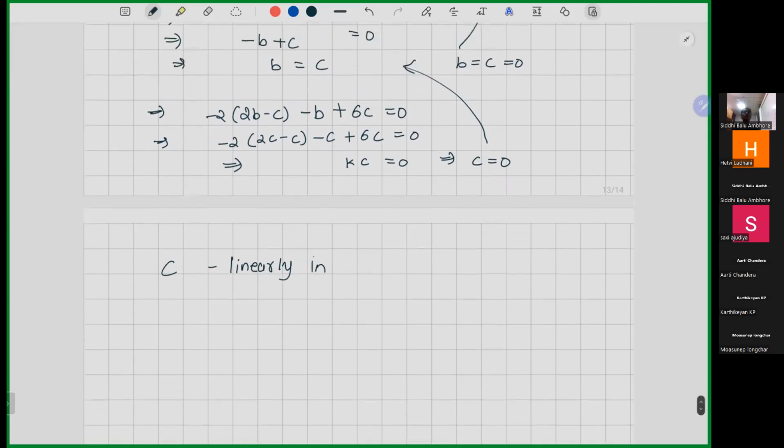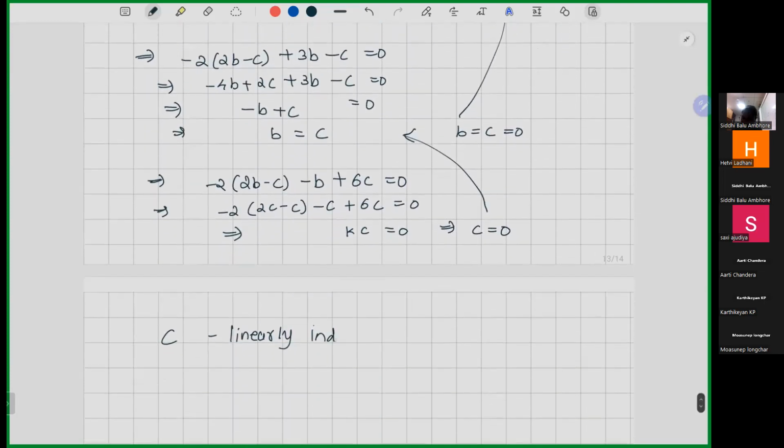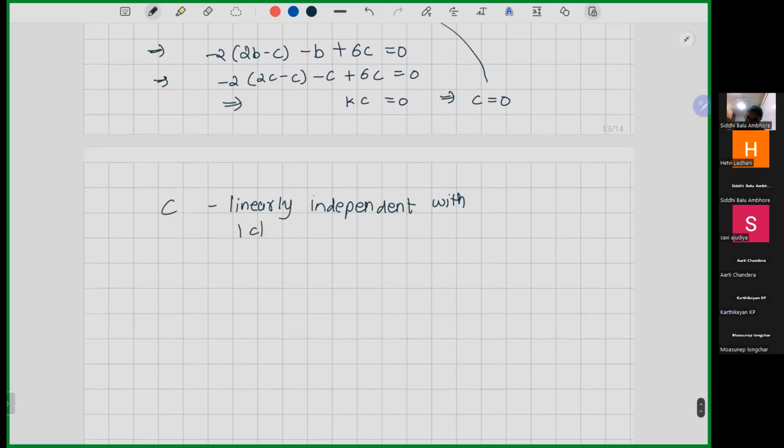The coefficients which we got, a, b, c, are all 0. So linearly independent with cardinality of C equal to 3. Therefore, C is a basis for P2R. Okay, any doubt?